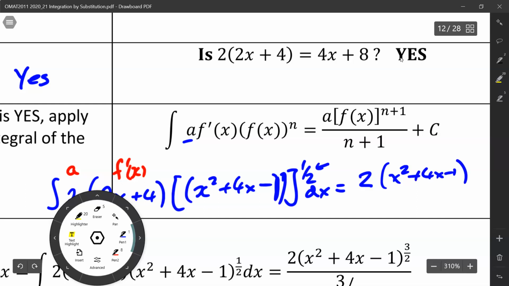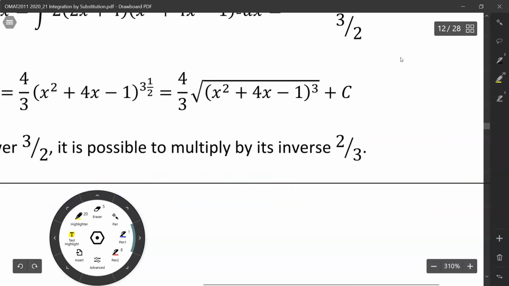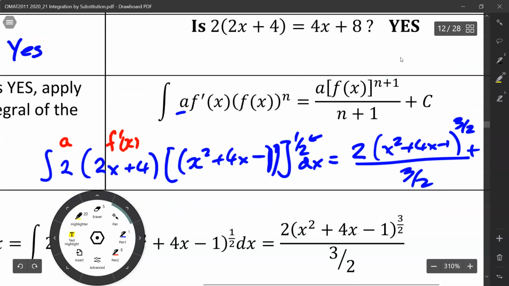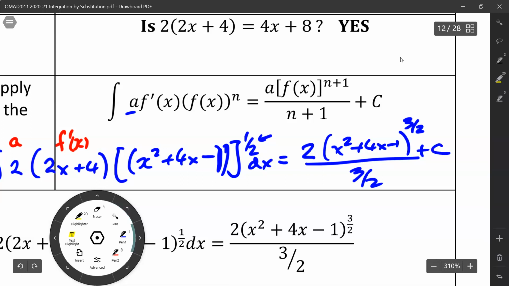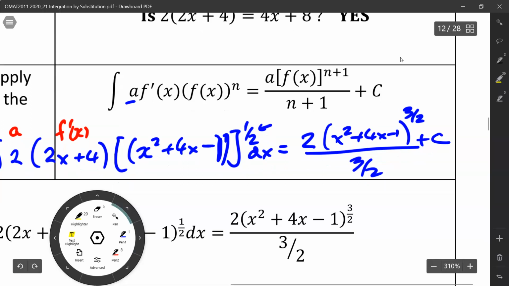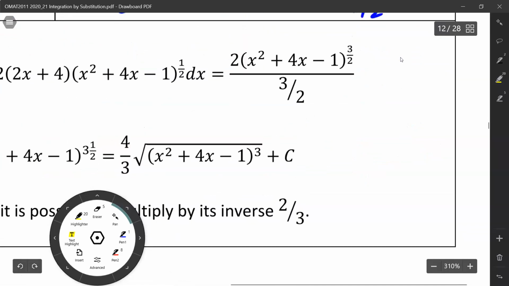And we have a half here, so we add 1 to a half, we get 3 over 2, and we divide by the 3 over 2, plus a constant of integration. As we said before, dividing by 3 over 2 is the same as multiplying by 2 over 3. You can see it's done down here.